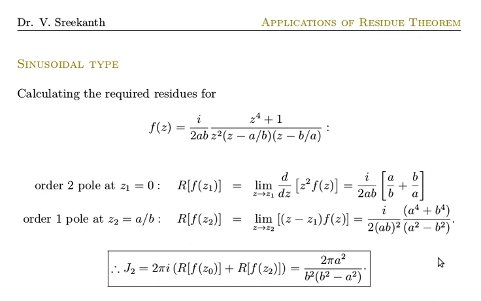So in these sinusoidal type integrands, we can make a substitution, transport everything into the complex plane with C being mod z equal to 1, do the calculation easily, and write down the answer using the residue theorem.